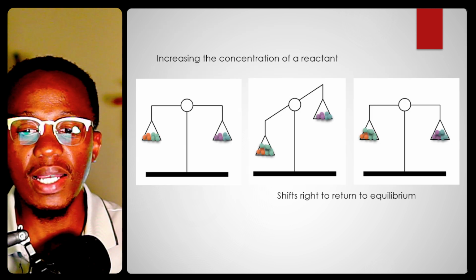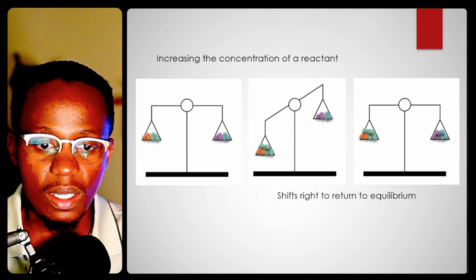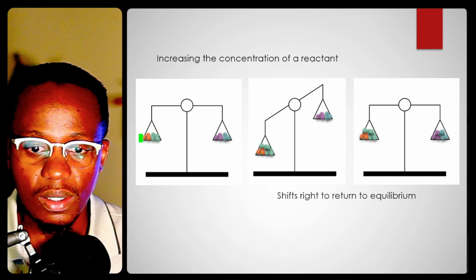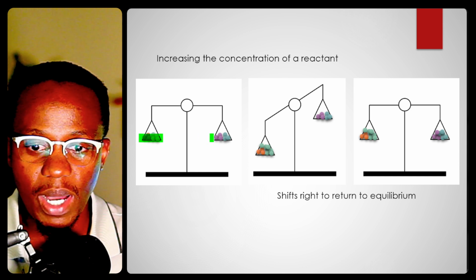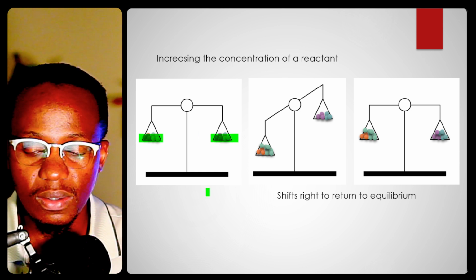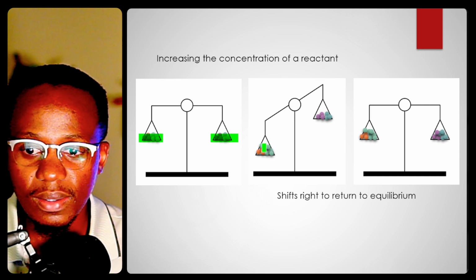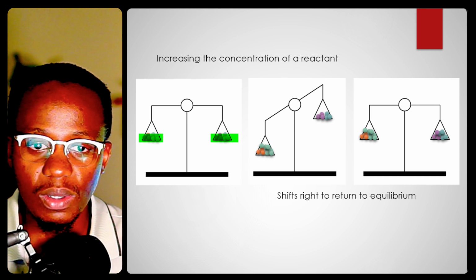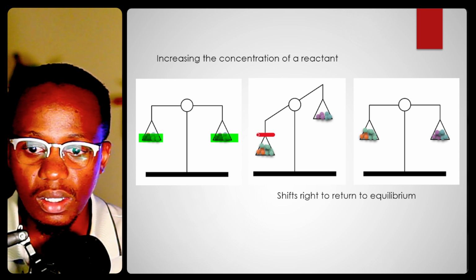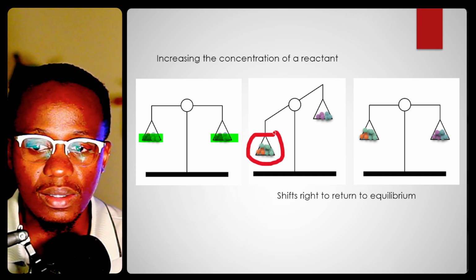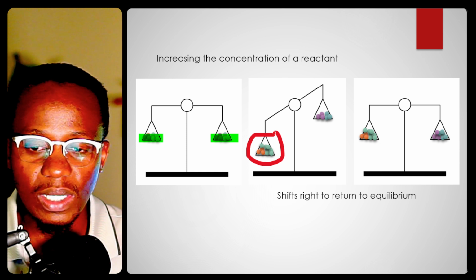And another way to think about it, this is the PowerPoint I was talking about, is like a balance. You have this balance with the same amount on each side. If you add more to the right, meaning if you increase the concentration of the reactant, guess what happens?